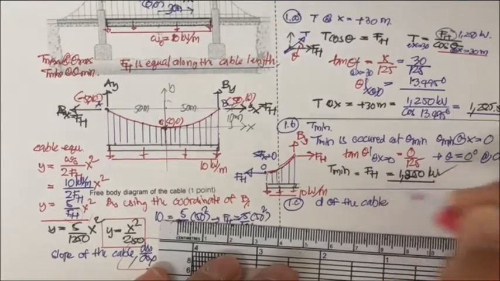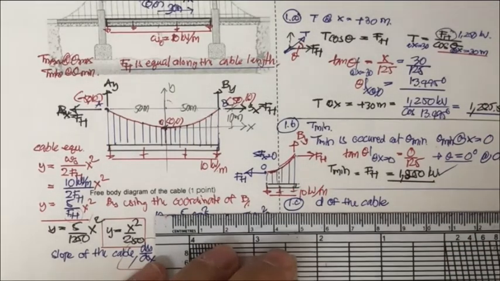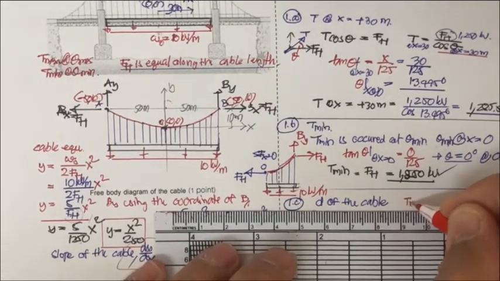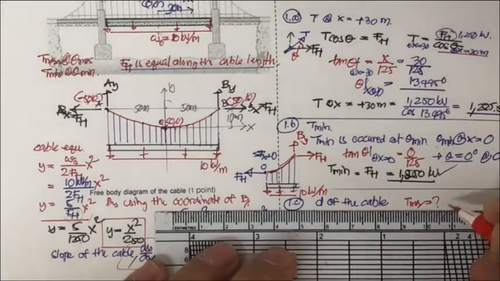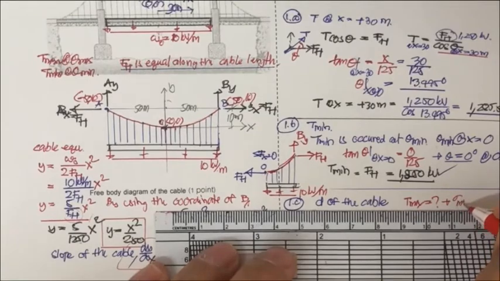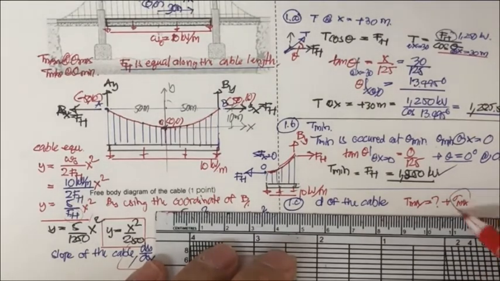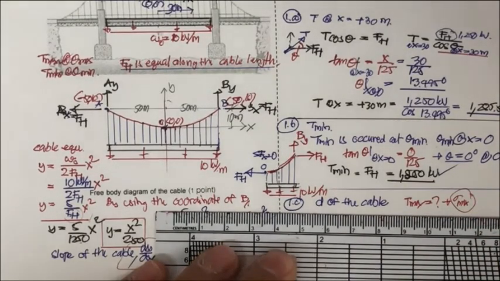The diameter of the cable will be determined based on T max, because T max produces sigma max, and by sigma max we will determine the required area.